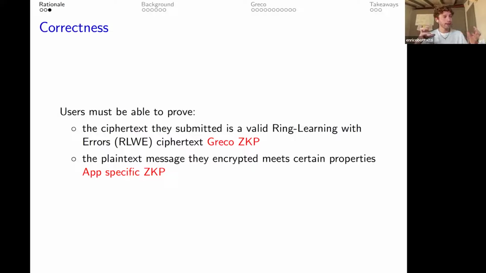And the second one is a complementary type of proof, which is specific to the application, more related to the business logic of the application, and might be, for example, that the message can be either 0 or 1, or that the voter must be one of this set of people. So you can be very creative on that and eventually wrap it up together with a proof from Greco to increase the security of your FHE-powered application.